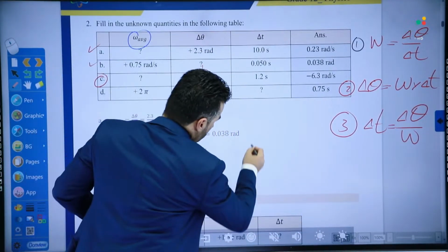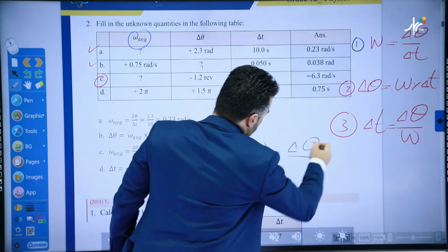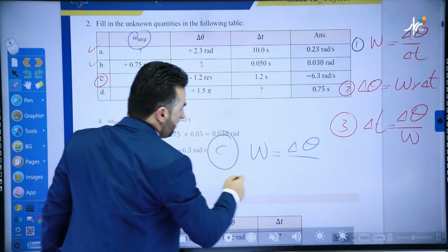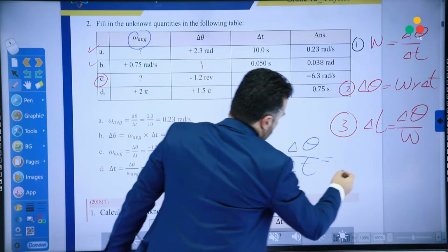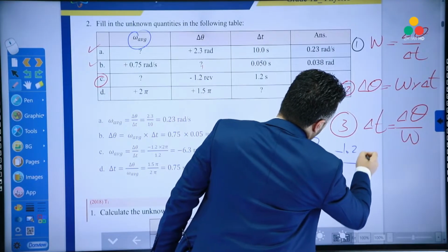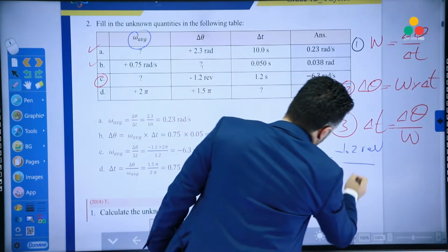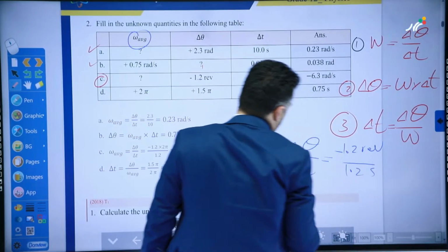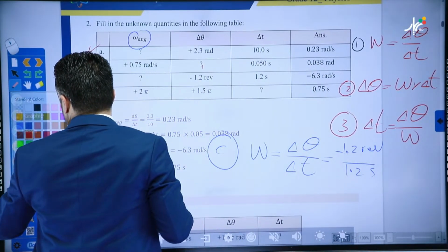First of all, angular speed equals angular displacement, that is part C, don't forget, divided by change in time, delta t. So what we have is negative 1.2 revs divided by 1.2 seconds. So remember this, each revolution is equal to 2 pi radian.